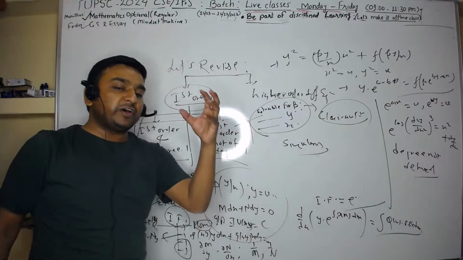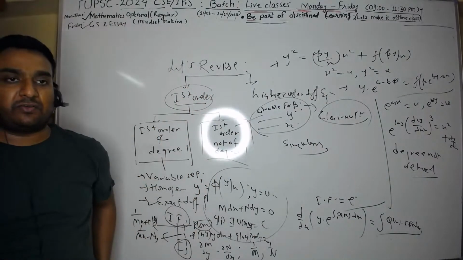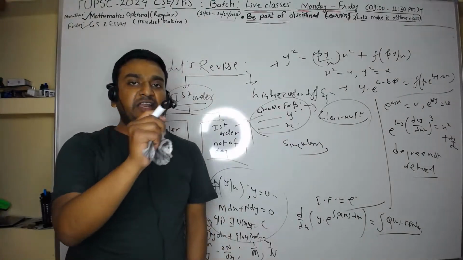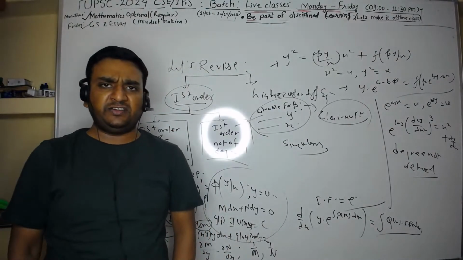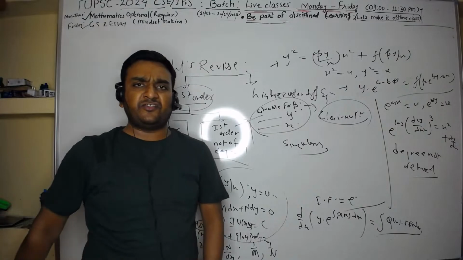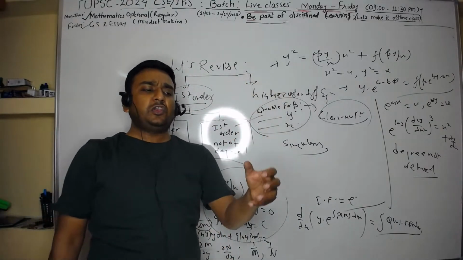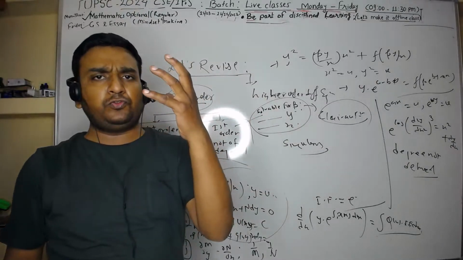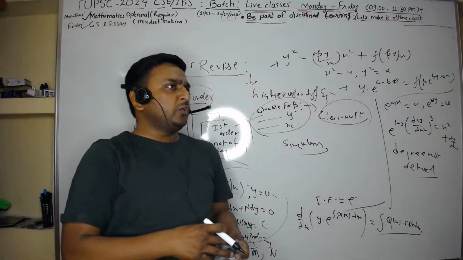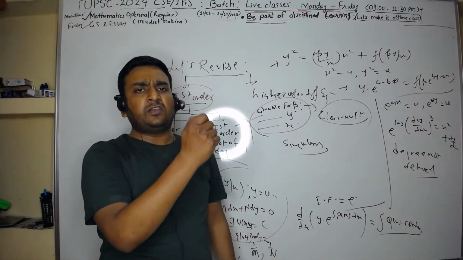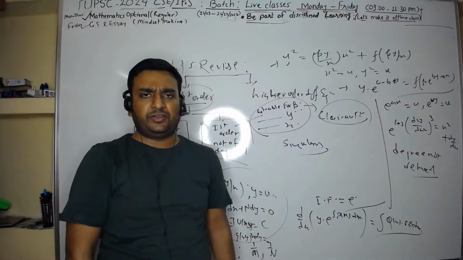I was more worried about the definitions here. What I told you is that the general solution is a solution which contains as many arbitrary constants as the order of the differential equation. A particular solution comes from the general solution by giving some particular values to the arbitrary constants. A singular solution is a special kind of solution which is neither a general solution nor a particular solution.